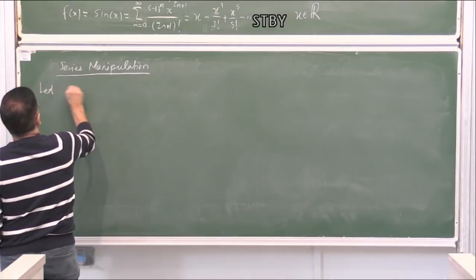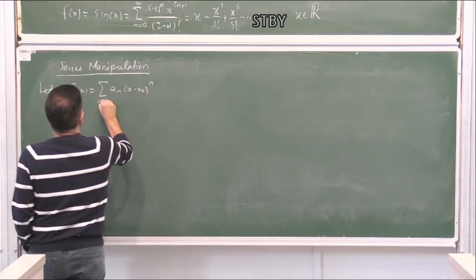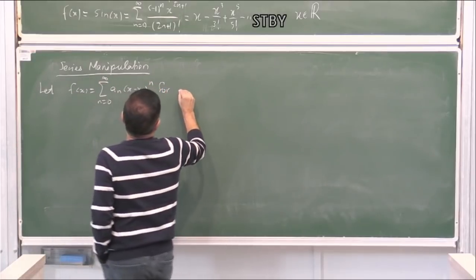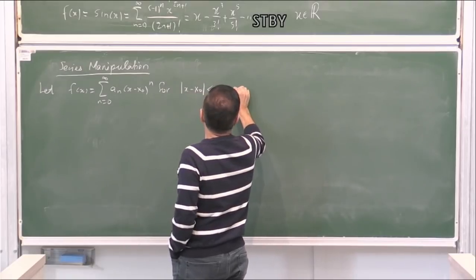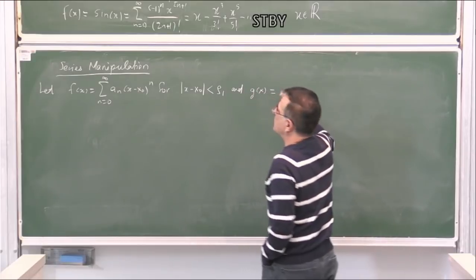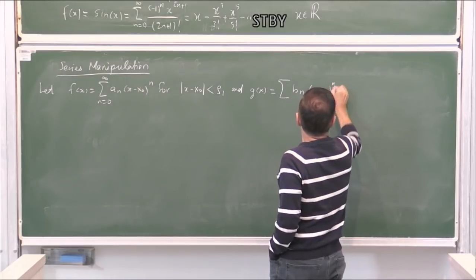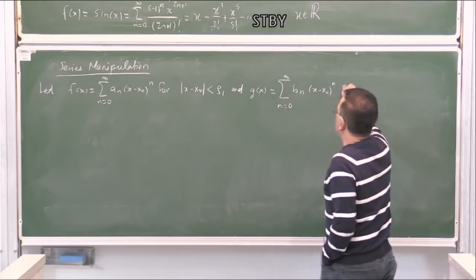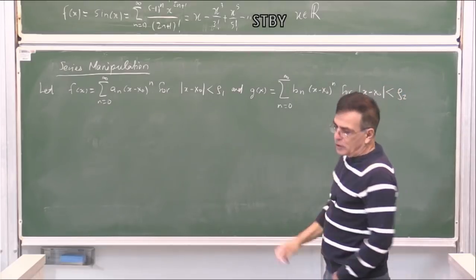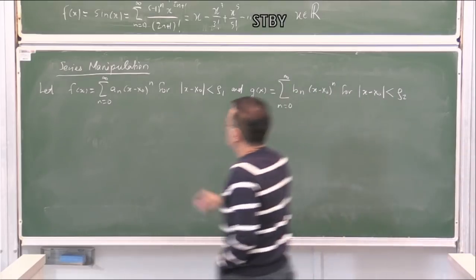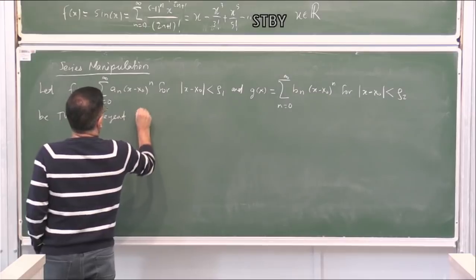Let us consider two series, the sum of an times x minus x0 to power n, with radius of convergence rho 1, say, and let us consider another series with coefficients bn, with possibly a different radius of convergence, say rho 2, okay?